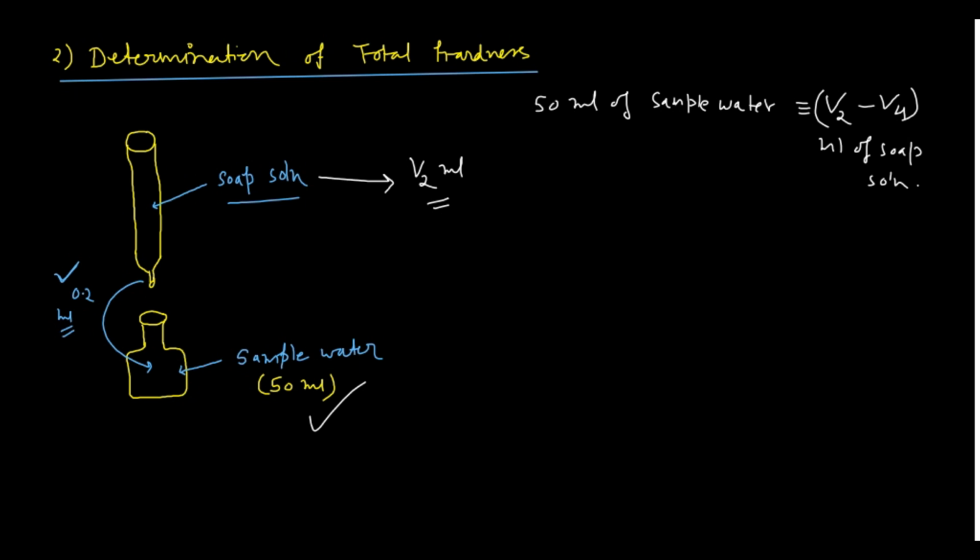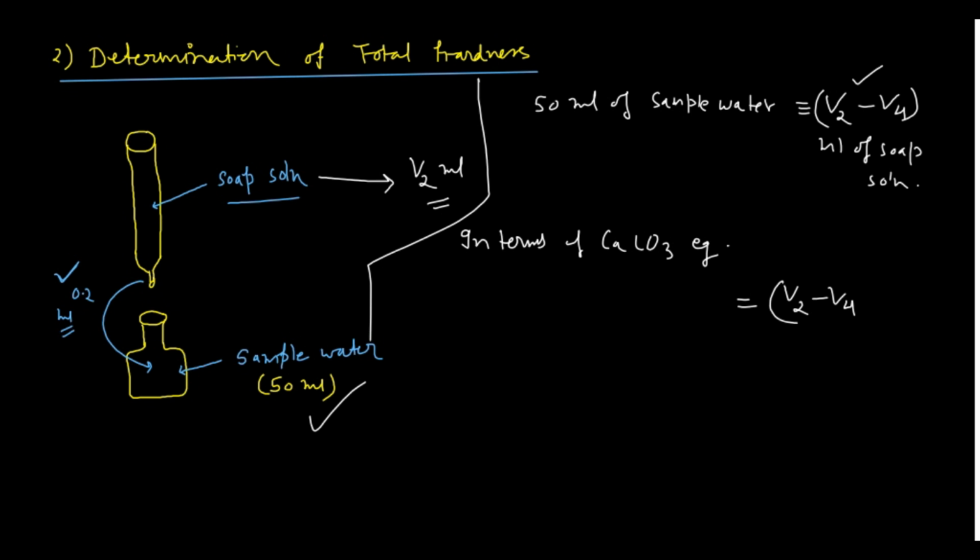And before applying the unitary method, I'll convert this volume of the soap solution into the calcium carbonate equivalent. So I am writing here in terms of CaCO3 equivalent. For this, this is equal to V2 minus V4, okay, and this value will be multiplied by 50 divided by V1 minus V4. And this is again very important.